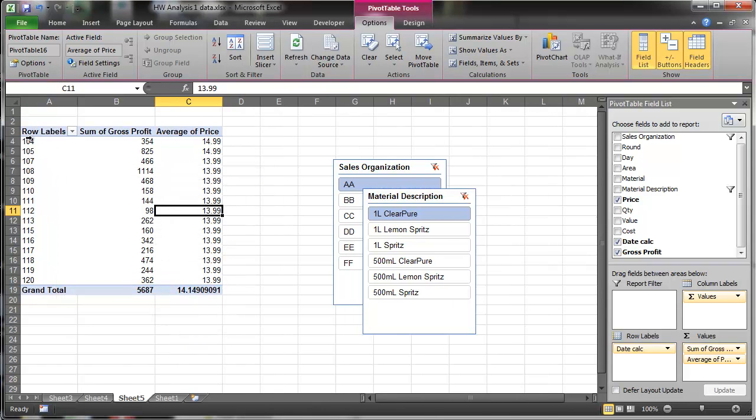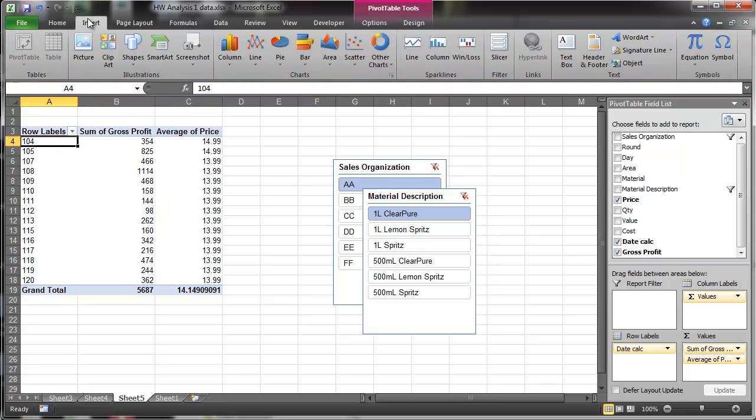So in other words, on this day, for this profit, this was the average price. That's the idea. So this was the average price for these gross profits on this day.